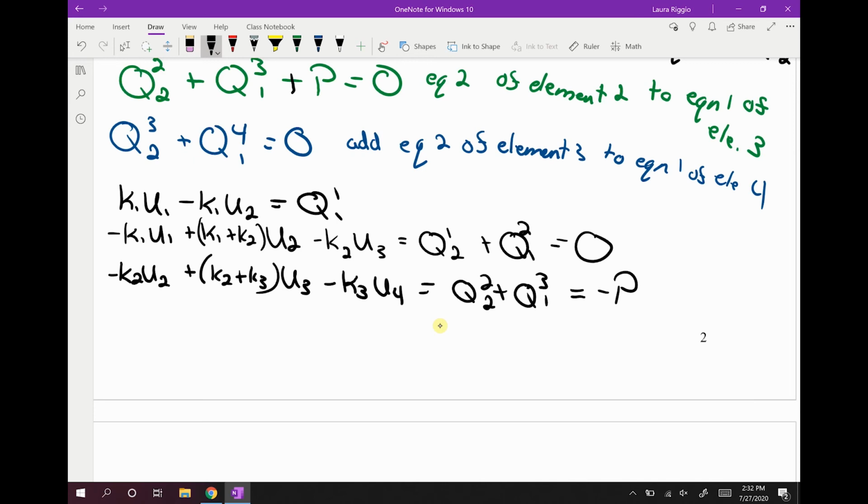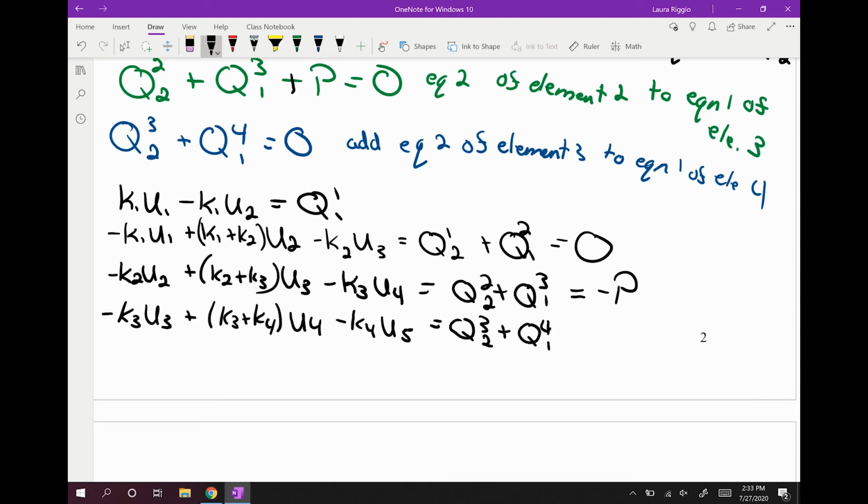And then we have minus K3 U3 plus K3 plus K4 U4 minus K4 U5 is equal to Q32 plus Q41, which is equal to 0.